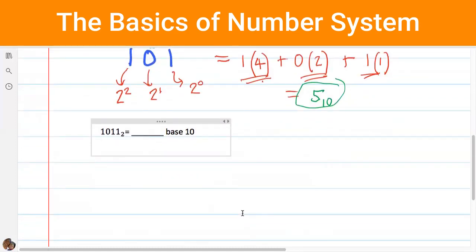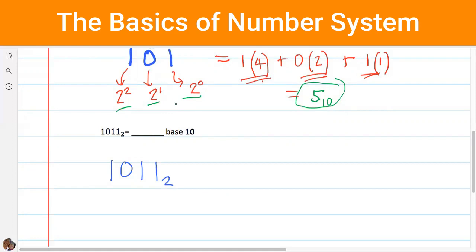So what we are going to do here is to write the number first, and take note, this is base 2. This time, I will be multiplying this by the place values 1, 2, 4, 8, just like what we did in our previous example.